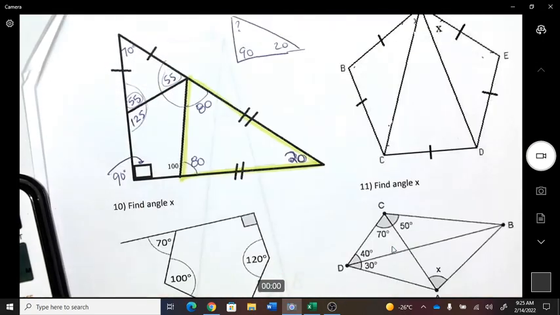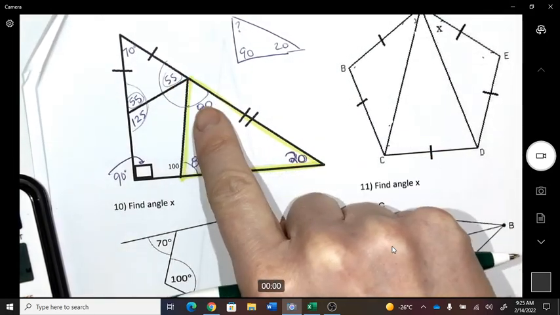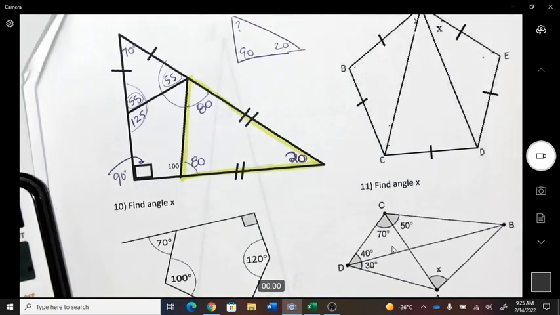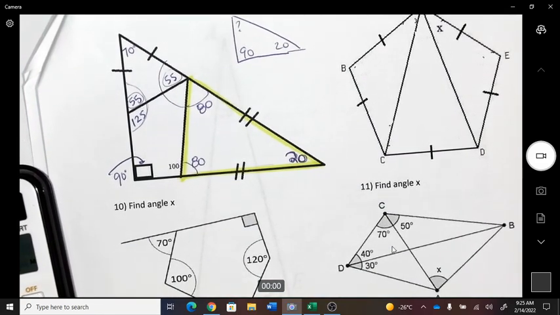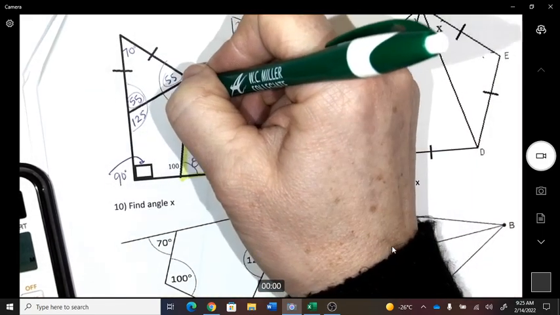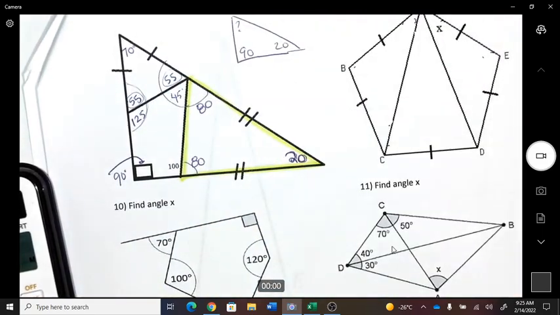And last I'm going to get this angle, and I have a 55 and an 80 already, so I need a straight line. So that's a 45. Okay, so it's just all about following all the things that you know.